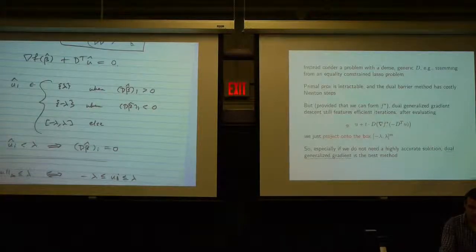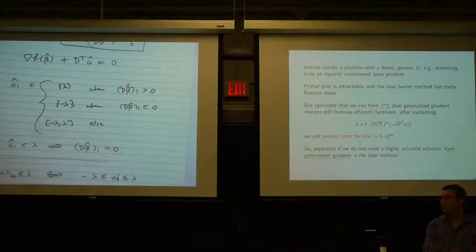Okay, two more examples. Let's suppose I gave you an equality-constrained lasso problem. And that means that the D you got out of it, right, you took the SVD, or you did something to find the null space of D. If the SVD was too expensive, you got an approximate null space of D using other numerical linear algebra methods.